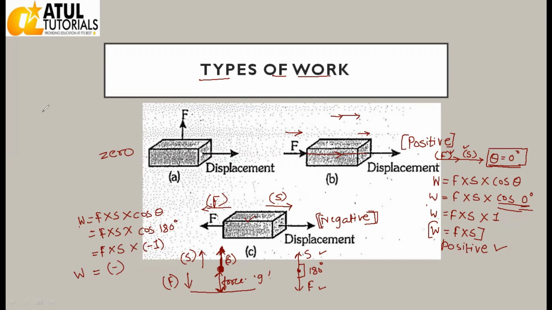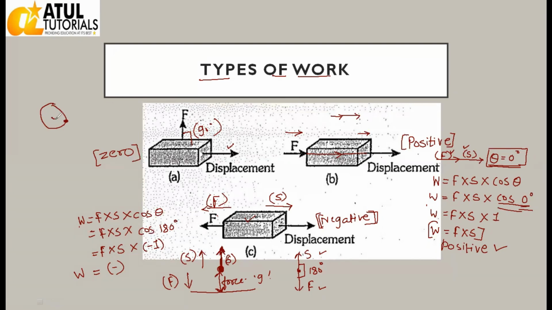Then the third type is zero work. Zero work means when the direction of displacement of an object is perpendicular to the applied force, 90 degrees to the applied force. Let's consider an object moving in a circular path.